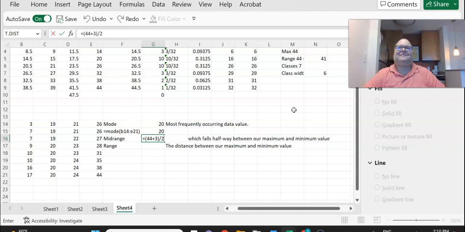To find the distance halfway between, you find the sum and divide by 2, and we already found our range, which will be equal to 44 minus 3. So the range of our values is 41 points. The mid-range is 23.5 points, which is an unachievable score, but it is the midpoint between the lowest and the highest.